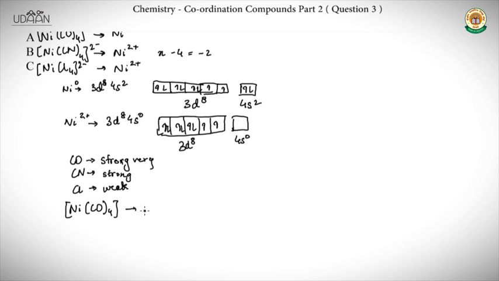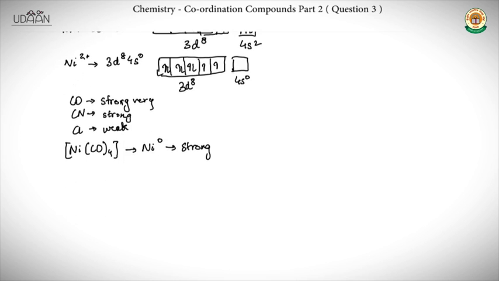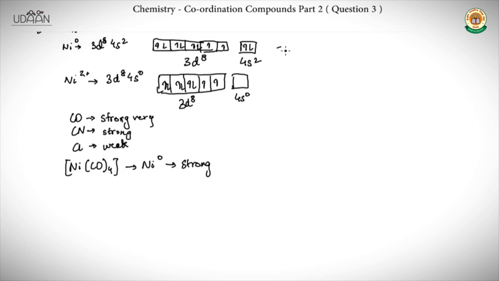This had Ni0 and it has a very strong field ligand. In that case that will lead to pairing. So we have this configuration, but it will become this configuration we will get, because the 4s2 electrons over here will be pushed into the 3d, and the unpaired electrons in the 3d will also get paired up.